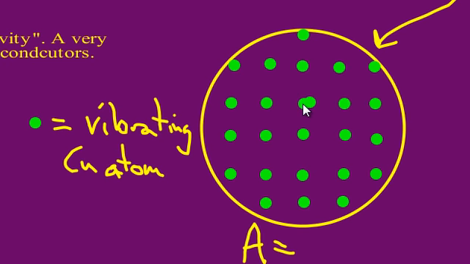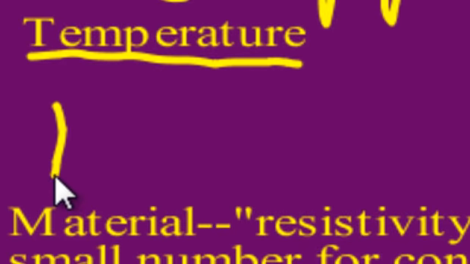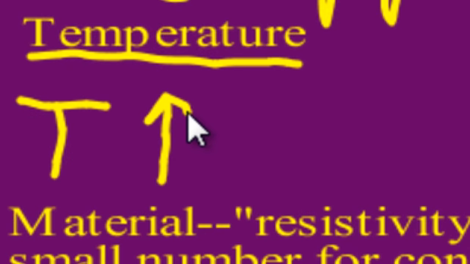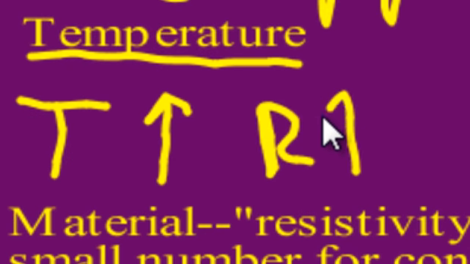So as the temperature goes up, the resistance is going to go up, because those atoms are going to be moving around more, and it's going to create more collisions between the charges, the electrons moving through the wire, and the atoms of the copper wire.